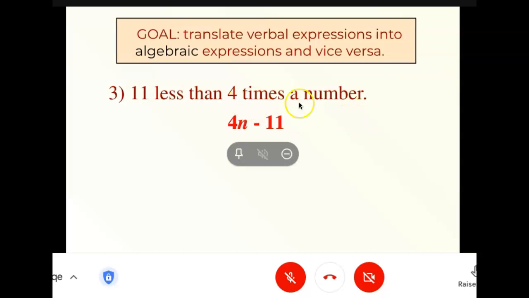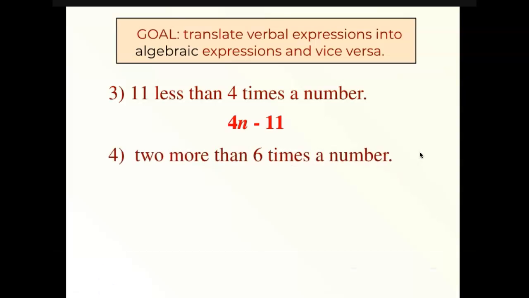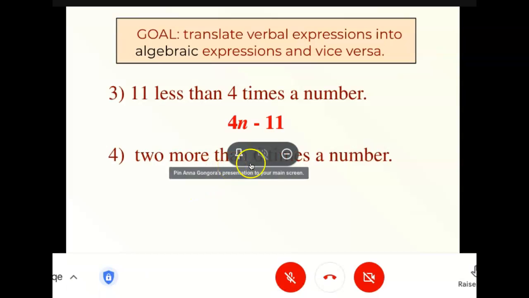You're comparing that term to that term. Your keyword is the word than. Once you see that, you switch those terms because of the comparison. All right, next. Here's another one. I hope you got this one right. 2 more than 6 times the number. In the chat, put your answers.